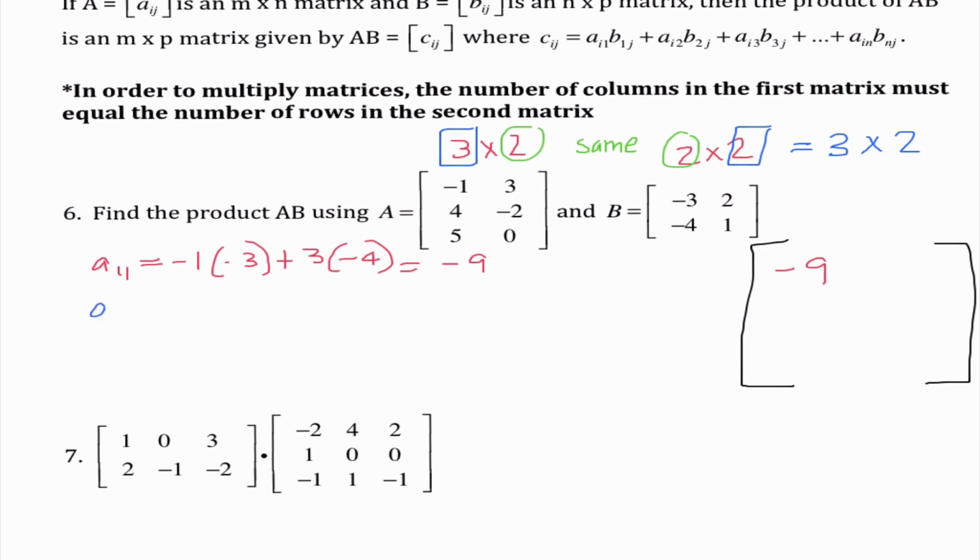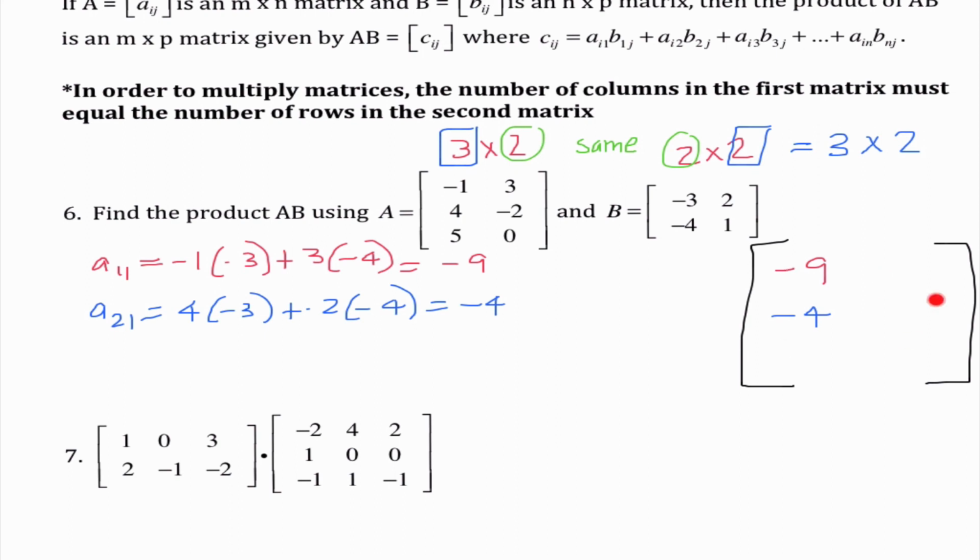Okay, next, I'm going to do A sub 2, 1. And it doesn't matter what order we go in, but I know this is row column, so this tells me to take row 2 times column 1. So I'm going to do 4 times negative 3 plus negative 2 times negative 4. So I have negative 12 plus 8, which is negative 4.